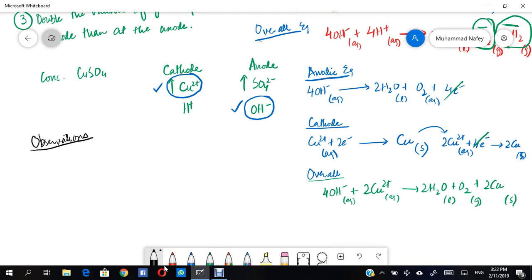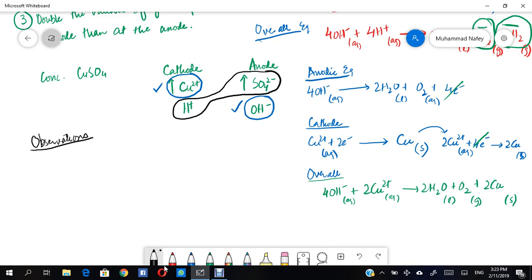Now the first observation would be regarding the ions that remain in solution. Since copper ions are discharged and hydroxide ions are discharged, hydrogen ions and sulfate ions remain in solution. And therefore, progressively the concentration of copper sulfate falls, which is manifested by a decrease in the color intensity of the solution.